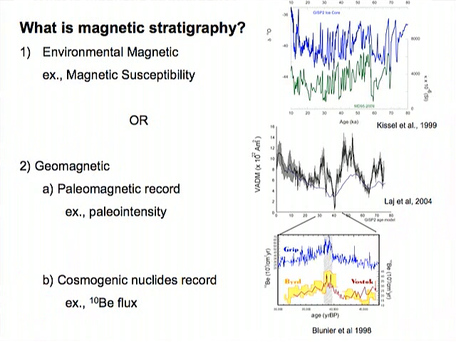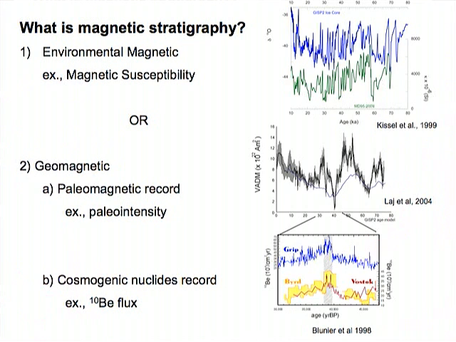What I'll focus on more is the geomagnetic aspects of this, and this can be broken into two parts here. The paleomagnetic record and really the cosmogenic nuclide record, because the production of cosmogenic nuclides is going to be a function of geomagnetic field strength and its orientation and morphology.